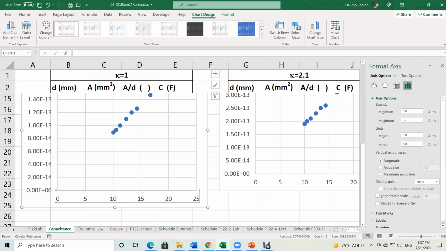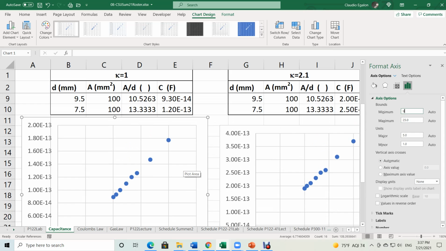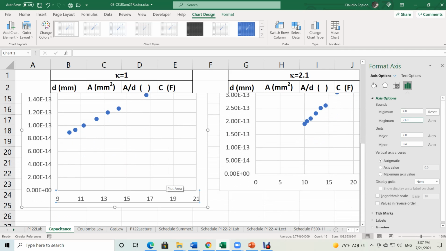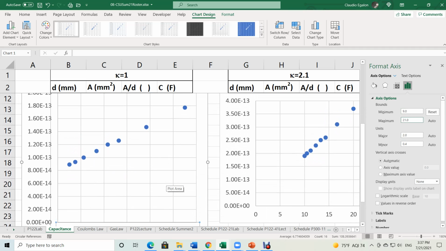We have to optimize the space. I'm going to put between 9 and what? 9 and 21. Let's see if 9 and 21 is a good one. Yeah, 9 and 21 is a good one.